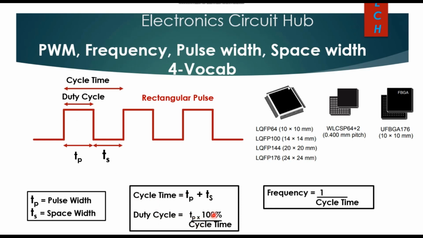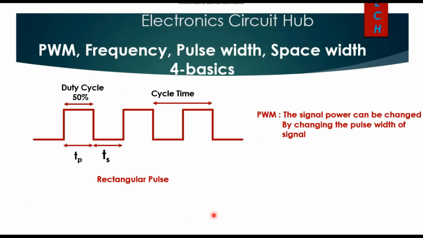How do you calculate the frequency? Frequency equals 1 divided by cycle time, that means 1 divided by T on plus T off. So now this is the rectangular pulse, and it is having 50% duty cycle.